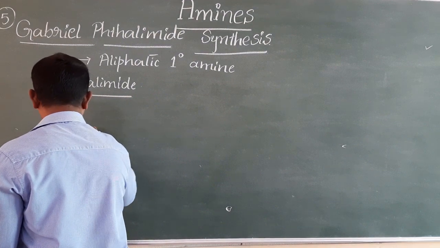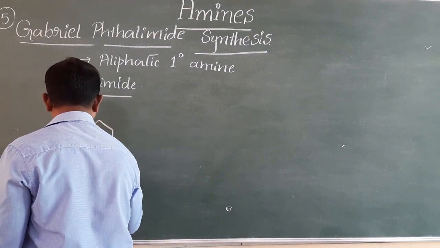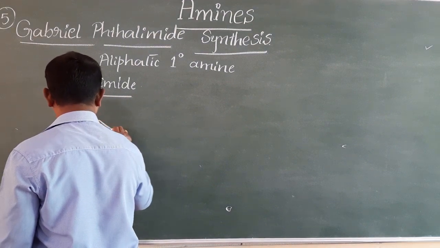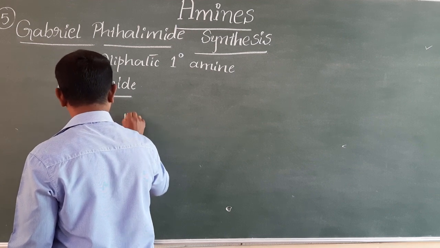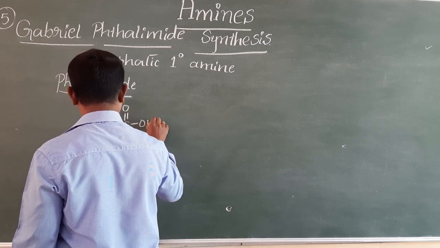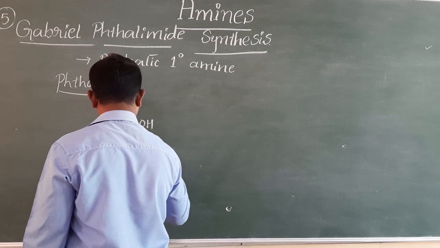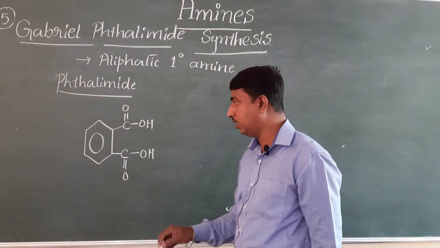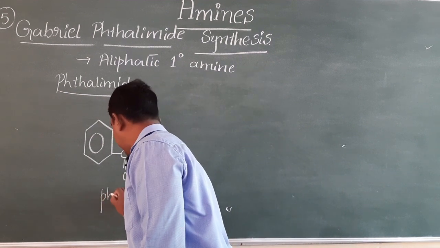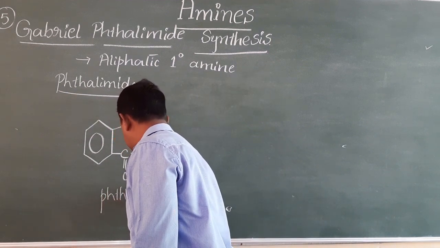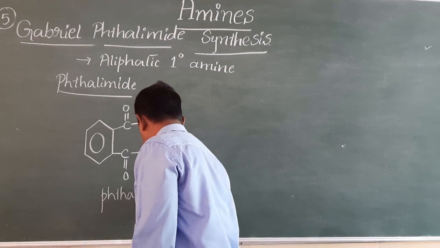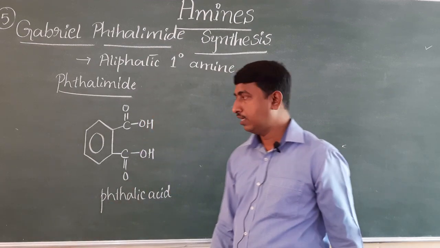So the structure of phthalic acid is like this. This is a dicarboxylic acid. The name of this dicarboxylic acid is phthalic acid.